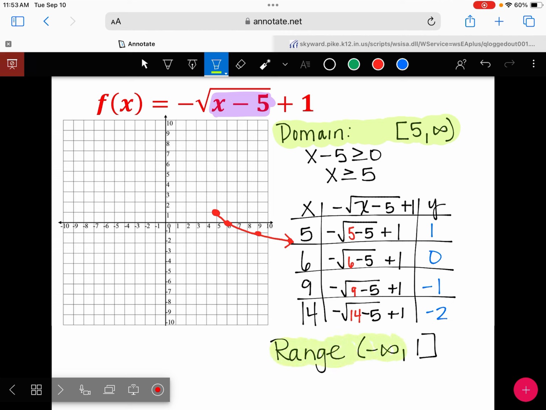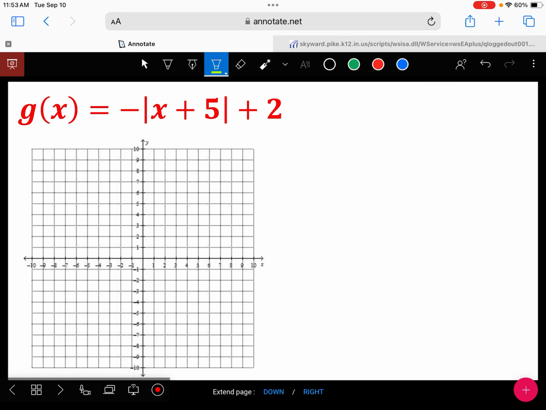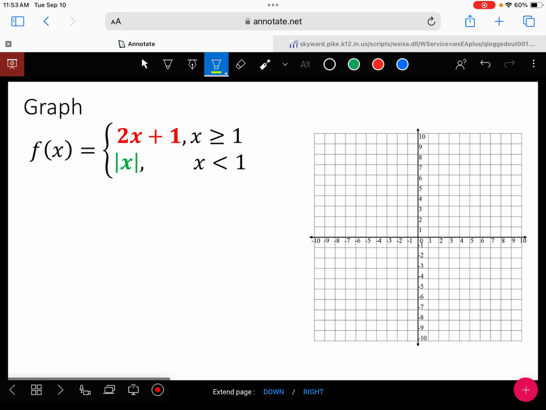Okay, so now let's talk about piecewise graphs. Let's go ahead and copy this down. We call this piecewise graphs because you're graphing two functions on one coordinate plane.